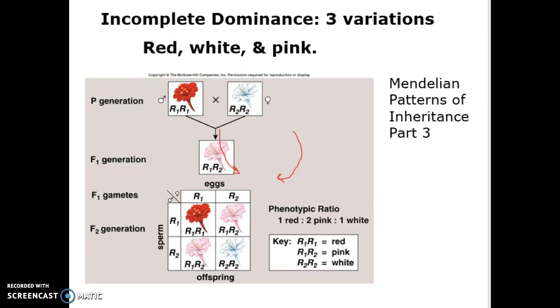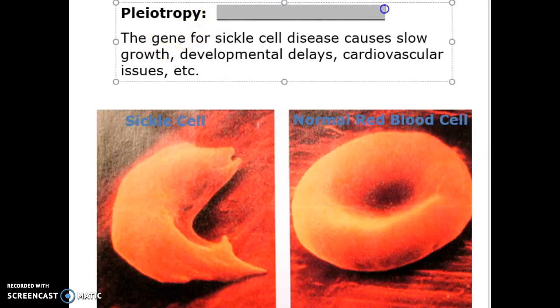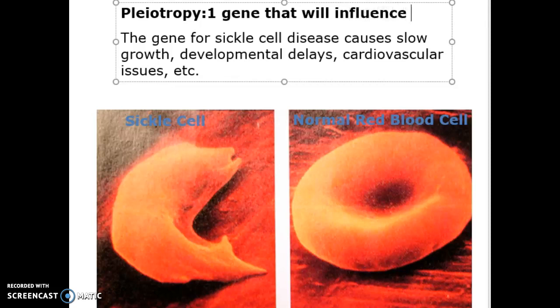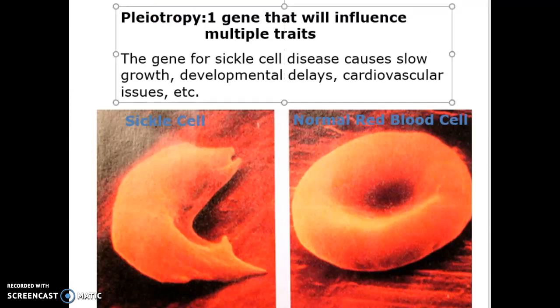Another exception to the rule here is this scenario called pleiotropy. Now, pleiotropy is when you have one gene that will influence multiple traits. Okay, so it's not this clean, simple, big A, or big A, little a, etc. equals this one single trait.